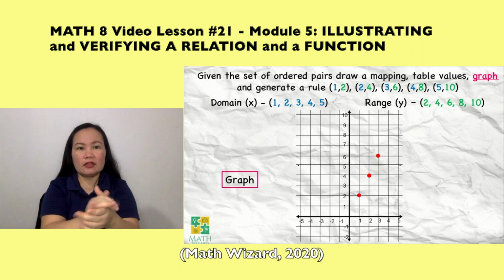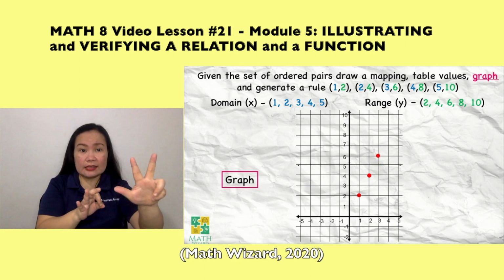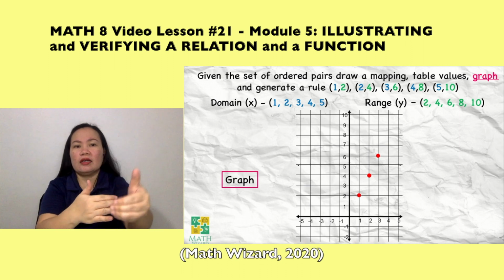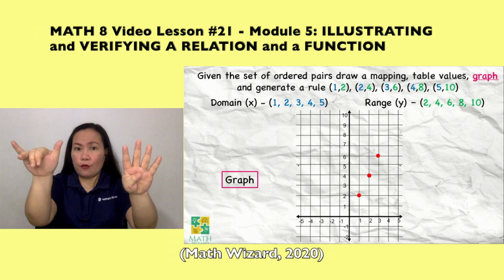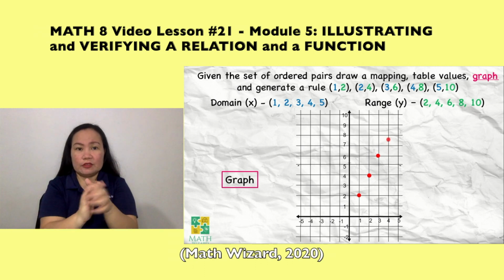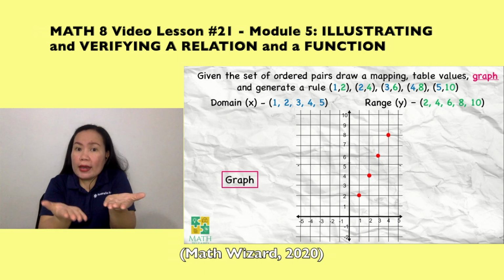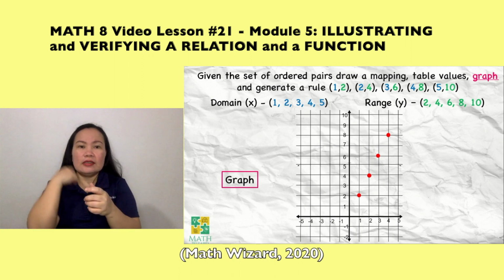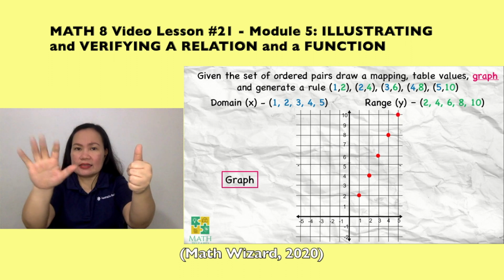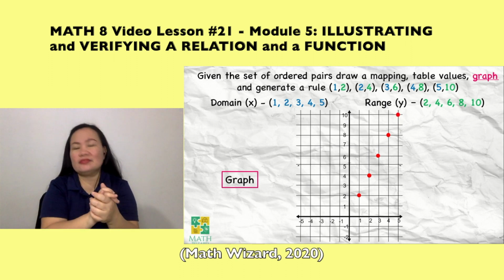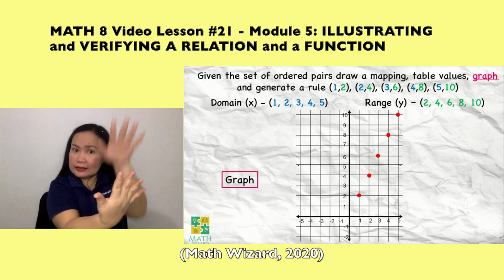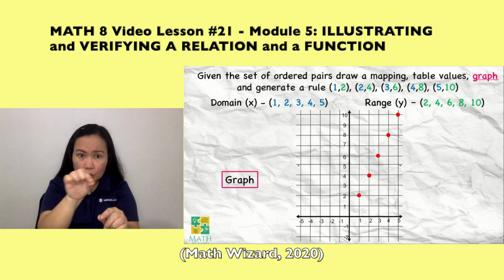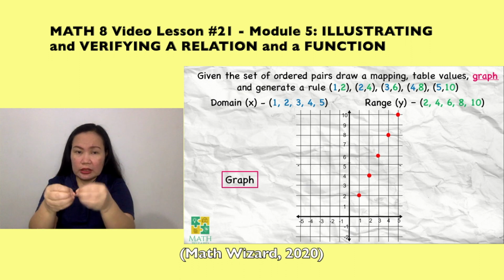So, next naman, kapag ang x natin ay 3, ang ating y daw ay 6. So, it's here. Next, kapag ang x natin ay 4, ang ating y ay 8. Okay, dyan siya. Next, if our x is 5, ang ating y ay 10. Okay, so ganun lang natin siya i-graph. Okay? So we plot the points, the ordered pairs in the coordinate system.